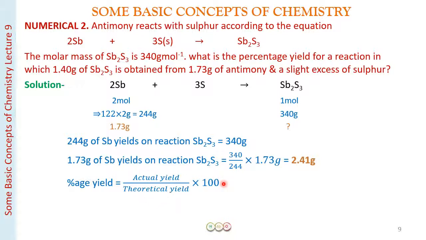So what is the actual yield? The actual yield is already given in the question, 1.40 gram. Theoretical yield, you have calculated this to be 2.41 gram. So multiply that by 100 and you get the answer, 58.09%. So I hope the topic percentage yield is now very clear in your mind. Then we will move on to the next topic.